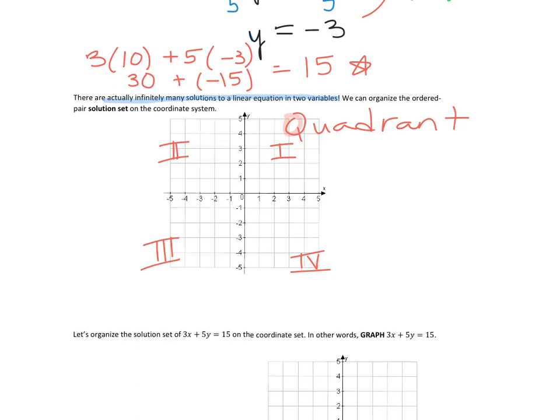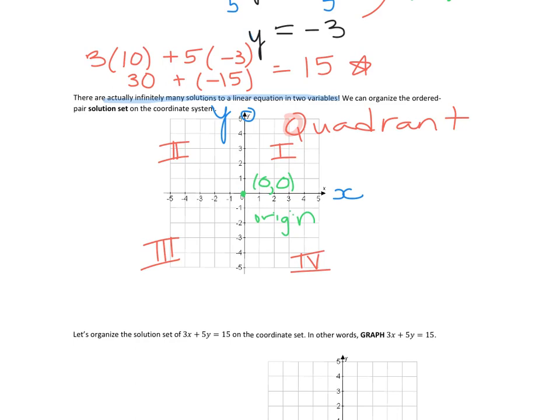Our ordered pair x and y, we have our x-axis is the horizontal, and then we have the y-axis is our vertical axis. And where they meet, they're both number lines. If you look at them individually, they're both number lines. And they meet at the zeros. And we call this ordered pair 0, 0. It's also called the origin.